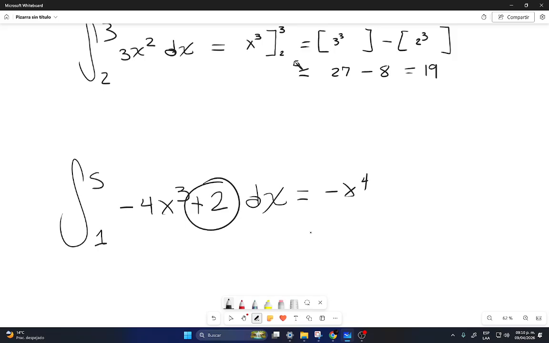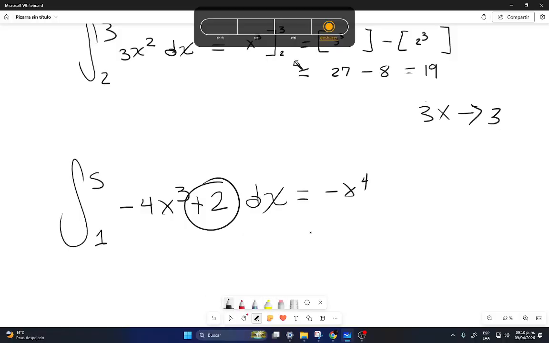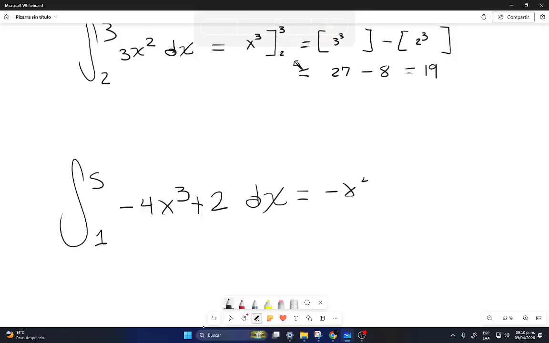It's really similar to what happened with the derivatives, but the opposite way. Remember that when you had a constant and you differentiate it, just the coefficient remains and the x disappears. So we are basically doing the opposite. Why does that happen? Because here with the 2, it's an x to the power 0.